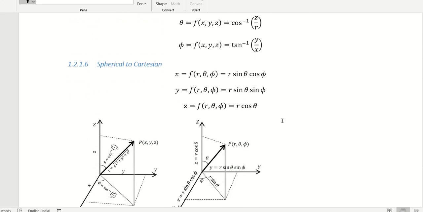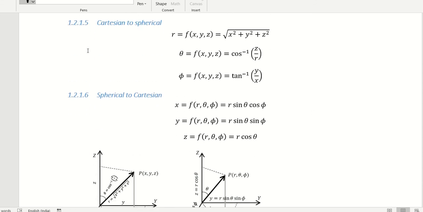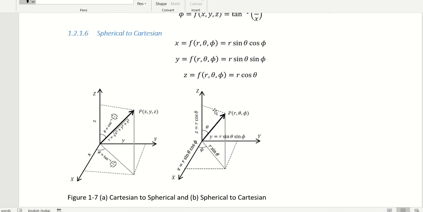Now 2 more are remaining, that we will cover. The last one is Cartesian to spherical, from x, y, z to r. We have a coordinate x, y, z. Now what will be the distance from the origin to that particular point? The x component is this, y component is this, and z component is this.